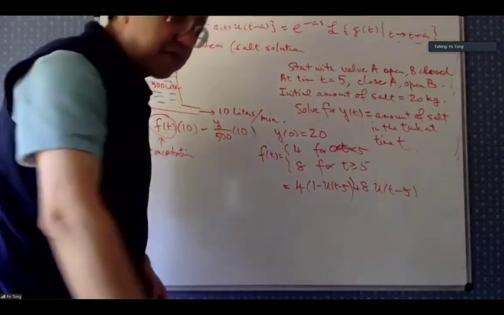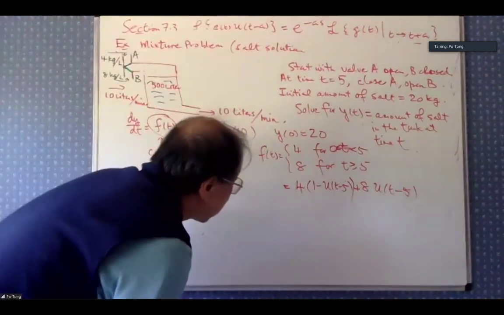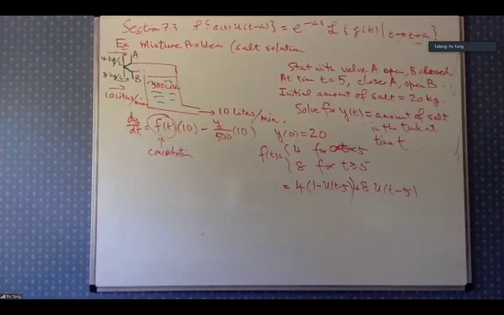I probably need to explain it. Last time I explained this type of stuff with a graph, and it's difficult for you to see. When I explain it with a table, it seems to be easier. So I'm going to do it with a table.